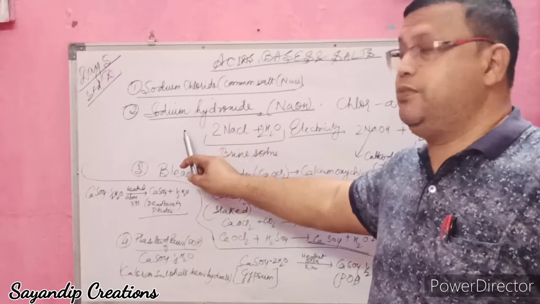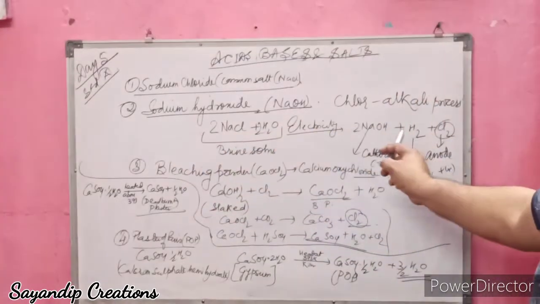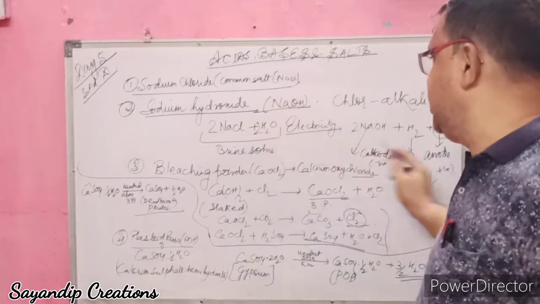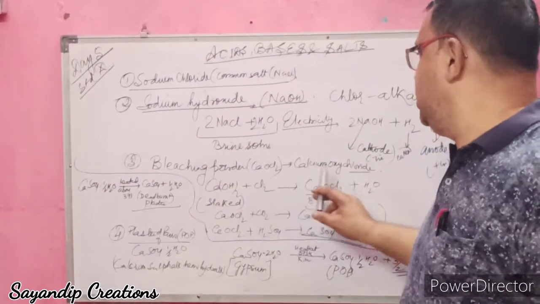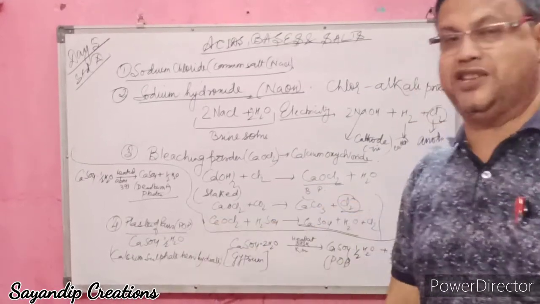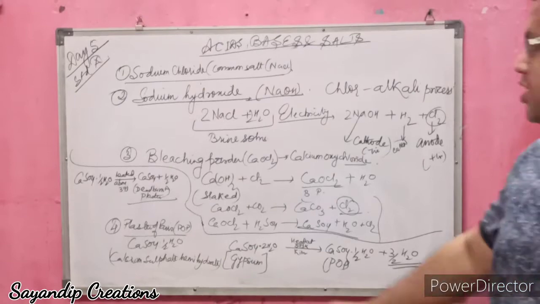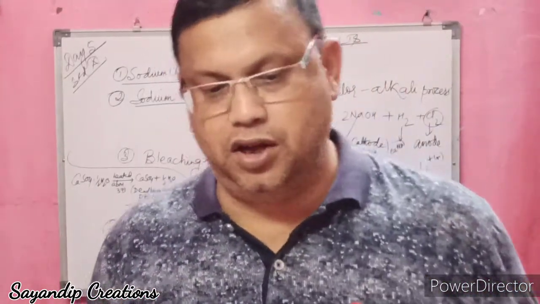Then we studied how sodium hydroxide is formed by the chloralkali process. Then we saw the formation of bleaching powder, calcium oxychloride, and then the formation of plaster of Paris by heating gypsum salt at a regulated temperature of 373 K.